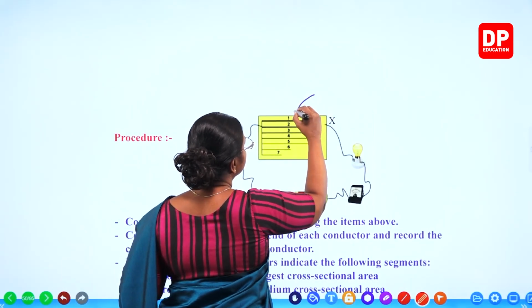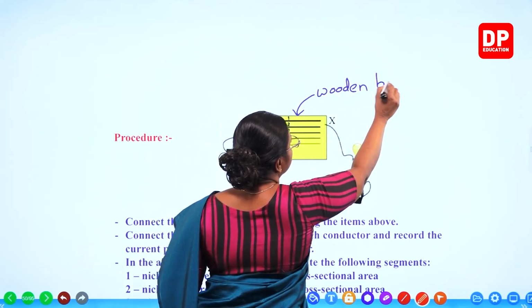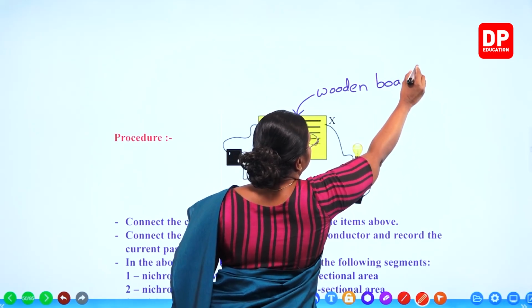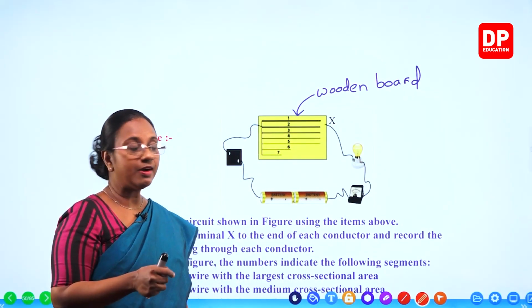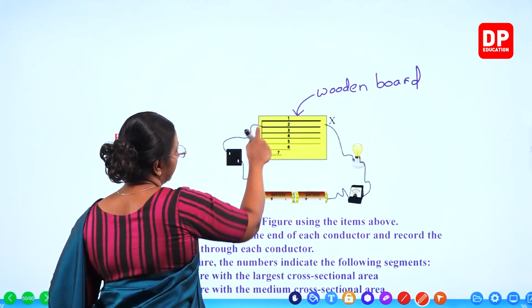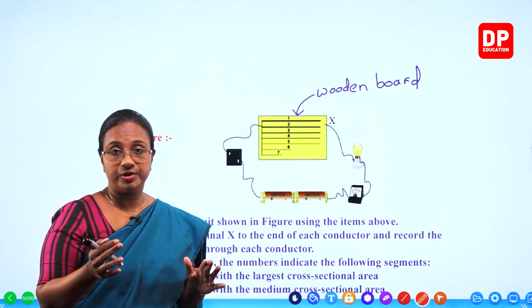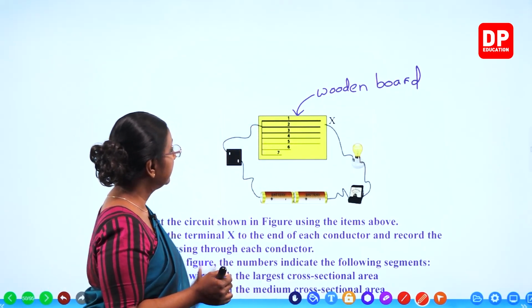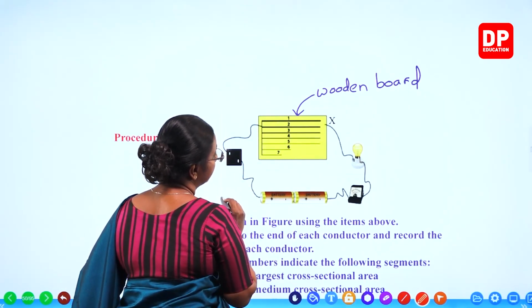And on this side we have a particular conducting wire that is connected with this conducting wire. So that is this part that is not going to be moved. So this is connected. Then we have the different materials, the different conductors.